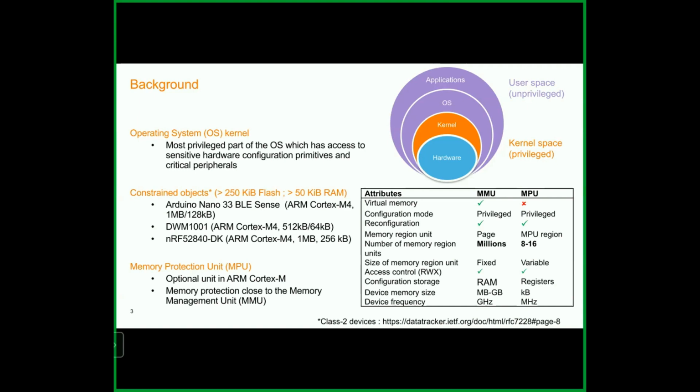And also it's much more constrained because we only have like 8 to 16 MPU regions. So on the devices listed here, there are only 8 regions that can be protected at the same time, compared to millions of pages that we can find in an MMU-based systems.